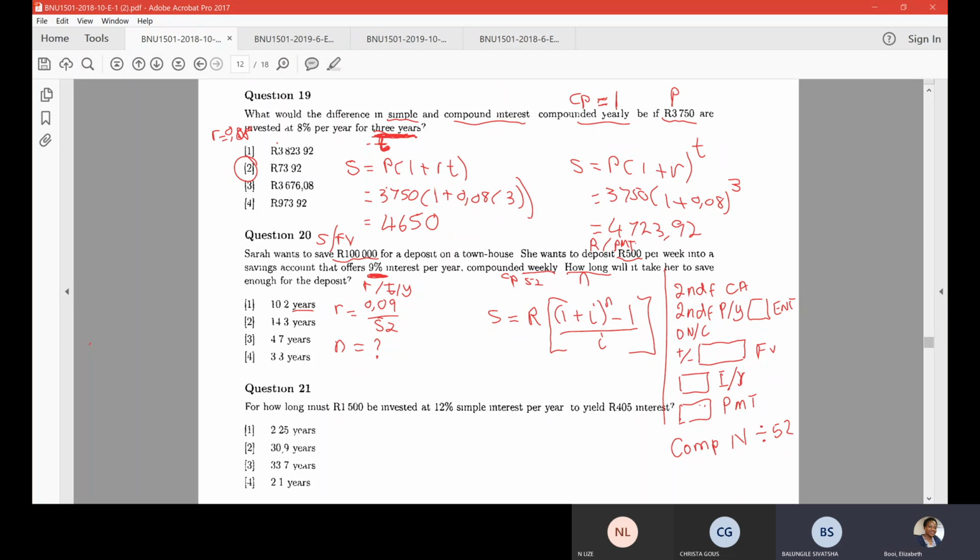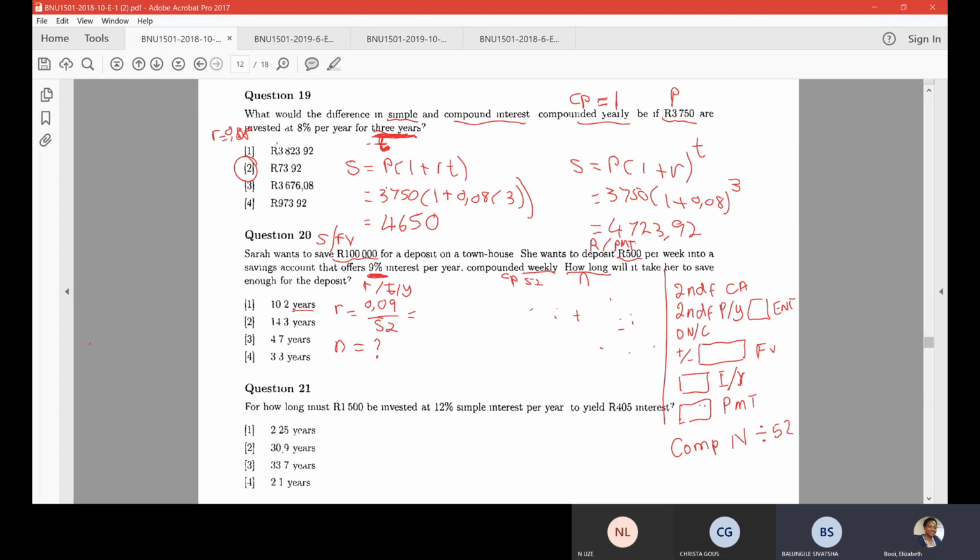So for Balungile, I want to move this closer to the values there so that we can substitute. So have you calculated what 0.09 divided by 52 is?